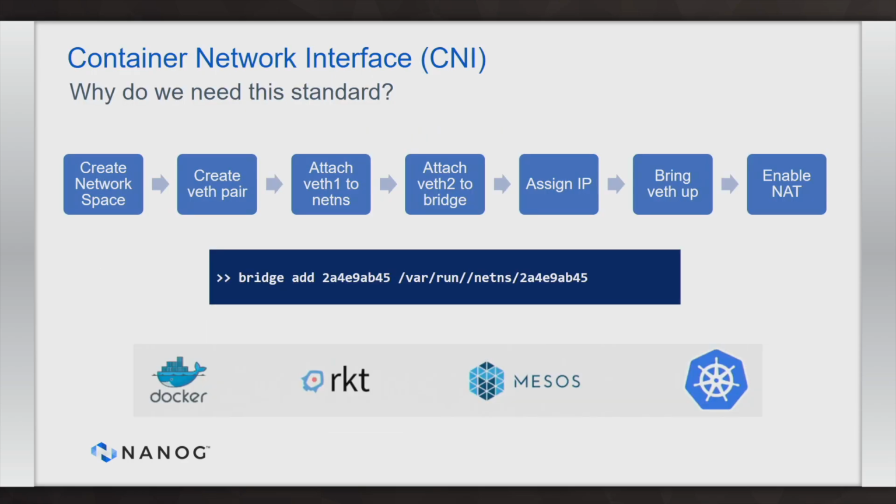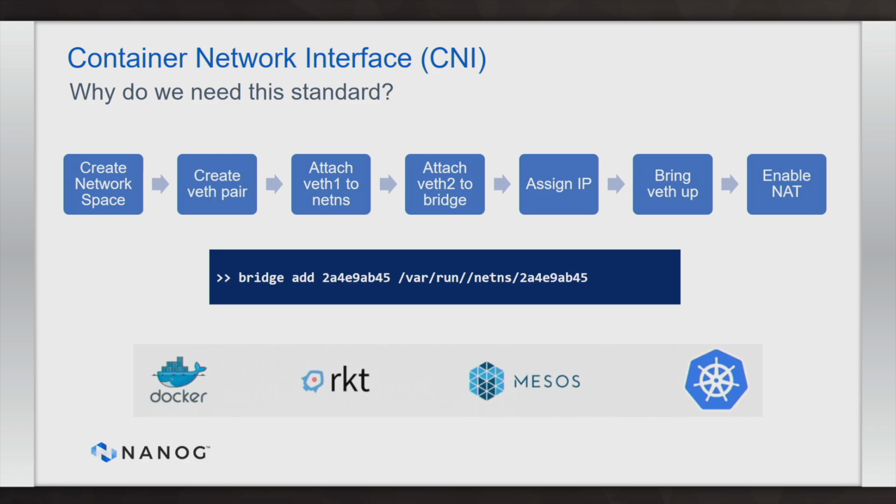Okay, now let's talk about the CNI plugins, starting first with the Container Network Interface standard. CNI was defined because now Kubernetes is the most popular container orchestration platform, but you have Docker, you have Mesos.